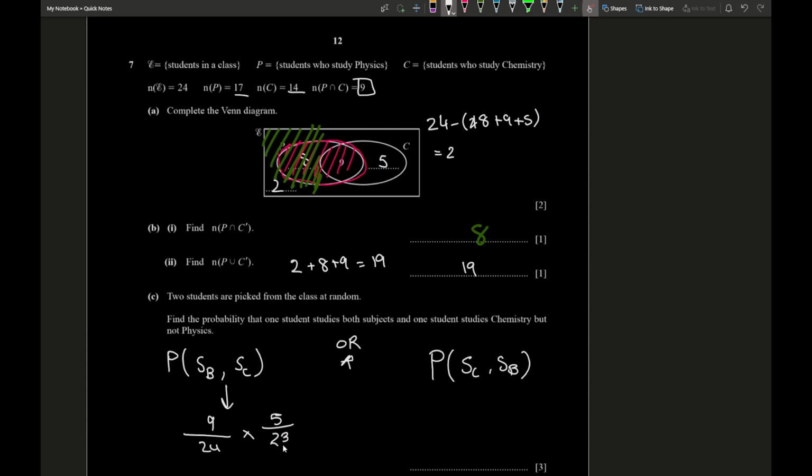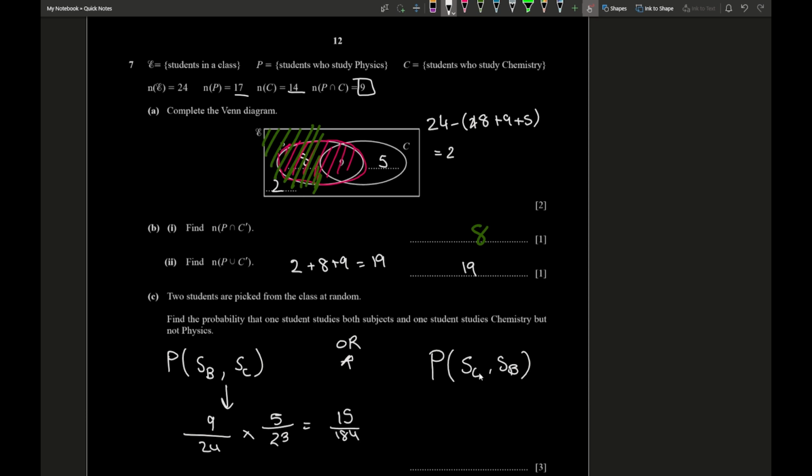The reason why I subtracted 1 is because we have already picked or excluded our first student. So the number of students has decreased by 1. And this is equal to 9 over 24 times 5 over 23 is equal to 15 over 184.